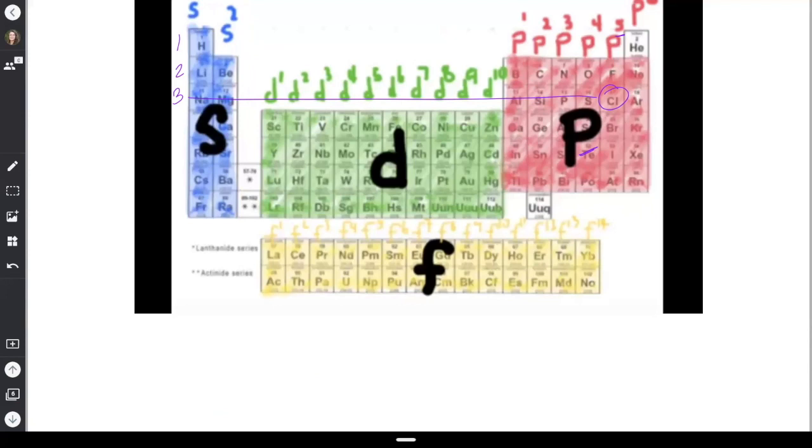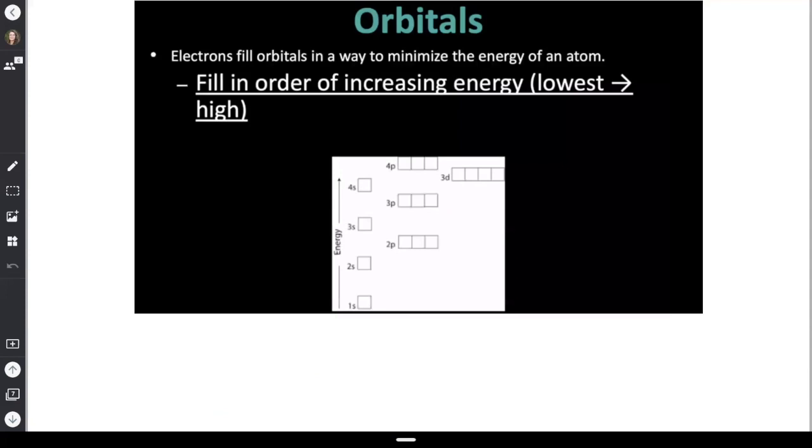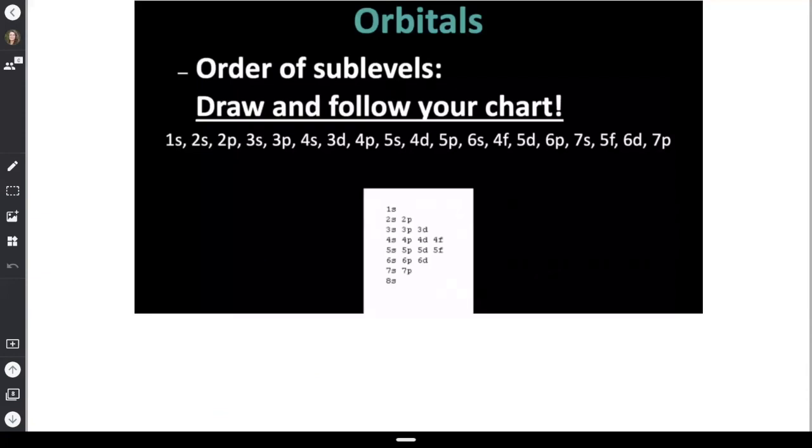All right, so let's take a little bit more of a look at this. When we are writing our electron configurations, we must fill our orbitals from increasing energy levels, so lowest energy to highest energy. Well, what order is this, you may be wondering? You're going to follow the order of the chart you draw.